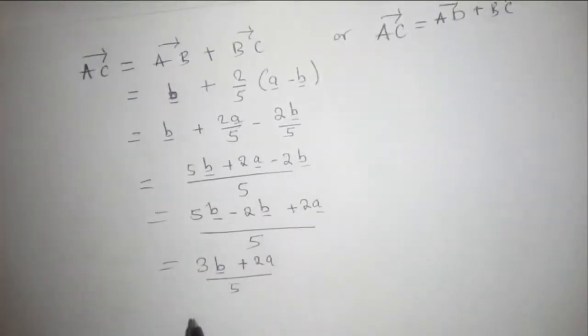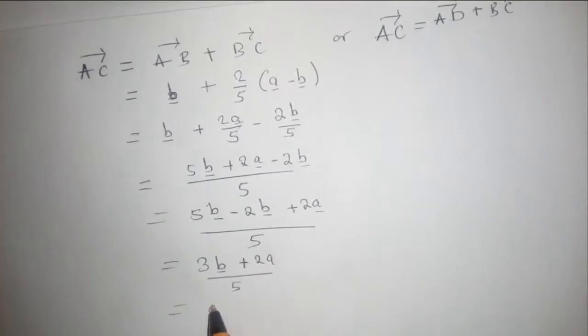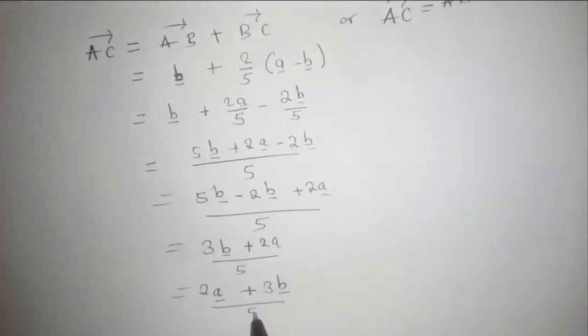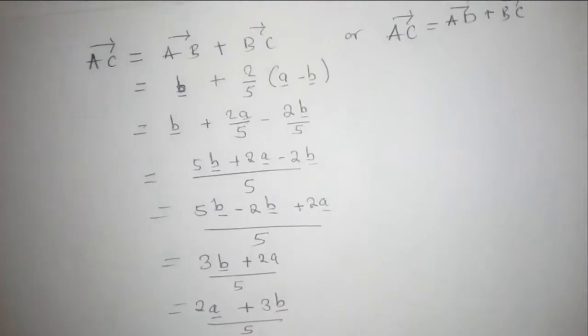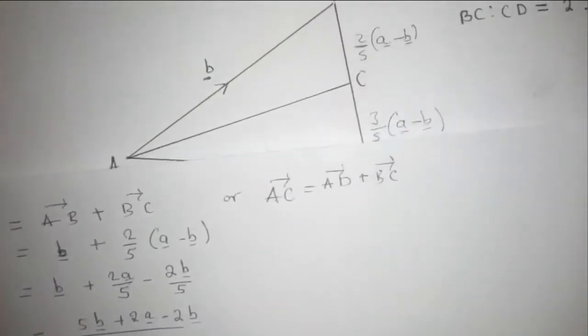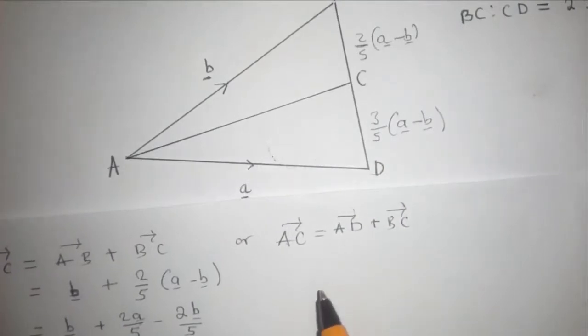So this is what we have, and we can arrange it properly. We start with a, 2a plus 3b over 5. This is our solution. Now I want to show you that even this other one will give us the same solution, the same answer.